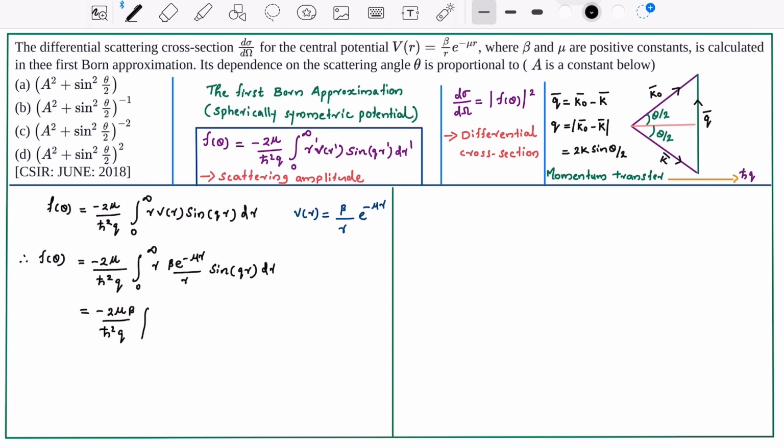Then we can take β outside. Now integral 0 to infinity e raised to minus μr sin qr dr.